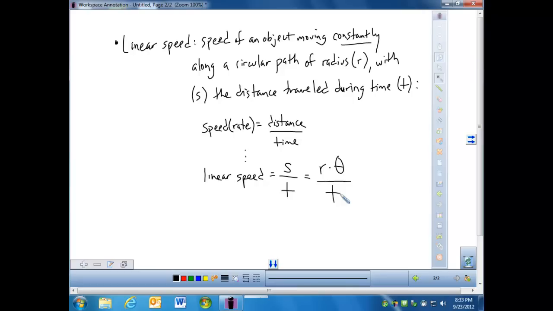That speed is found by taking the radius of the circular object and multiplying it by how many radians the object has covered in a certain amount of time. Think about that in terms of a circumference idea, the distance around a circle. Think about how that might compare a little bit if you're trying to get your brain wrapped around that idea there.